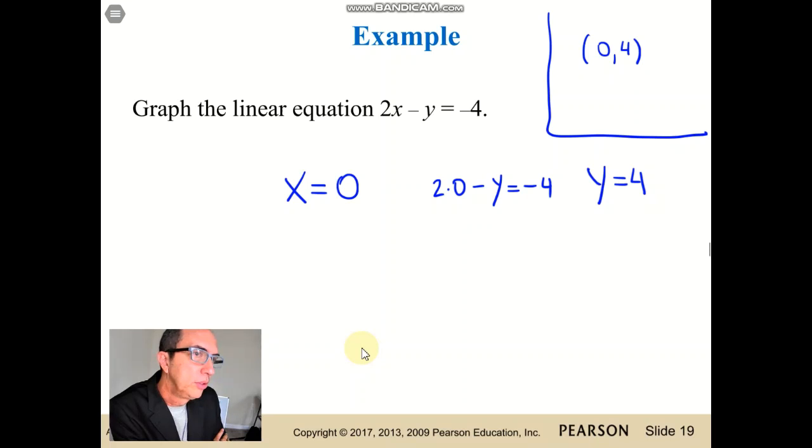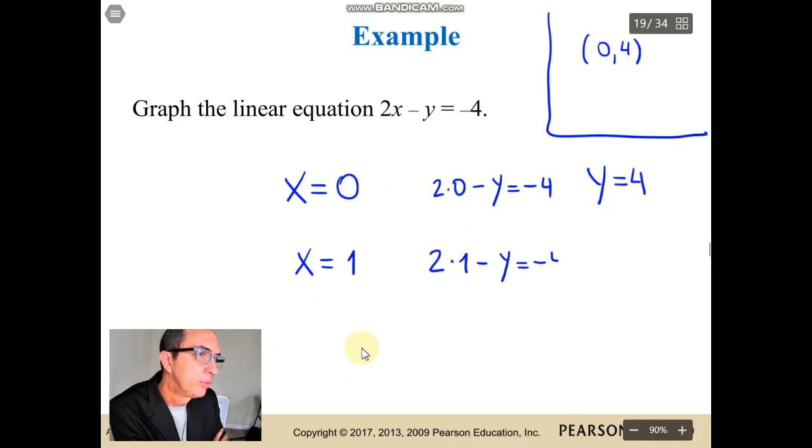Next one, we can assume here x equals 1. So 2 times 1 minus y equals -4.